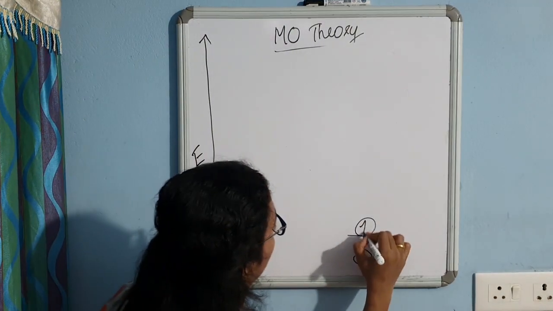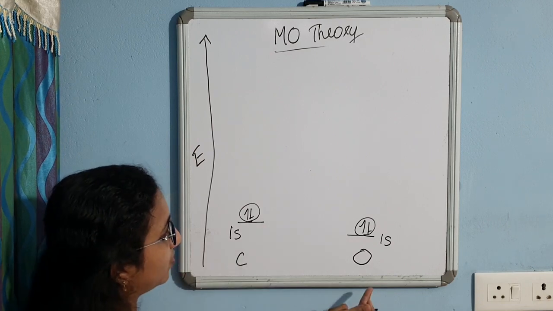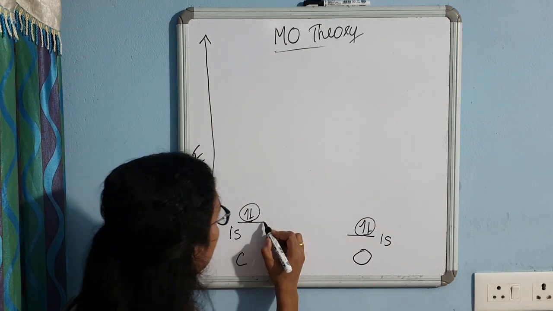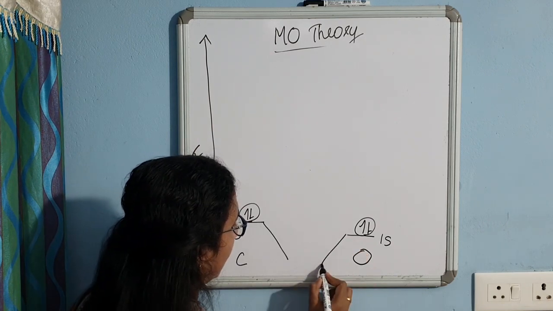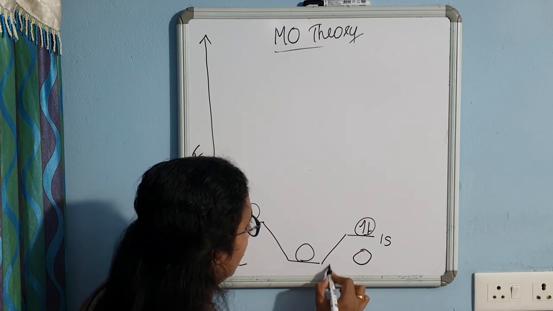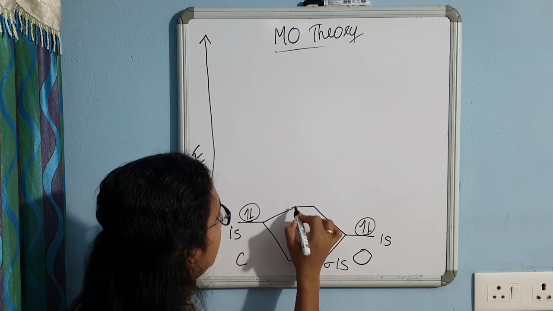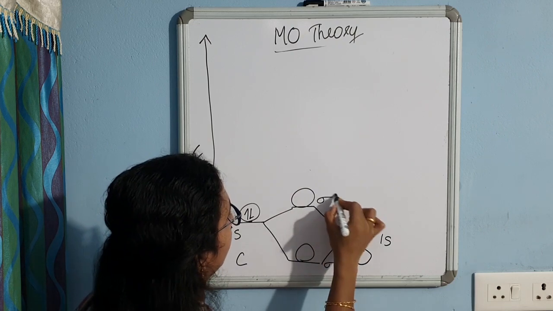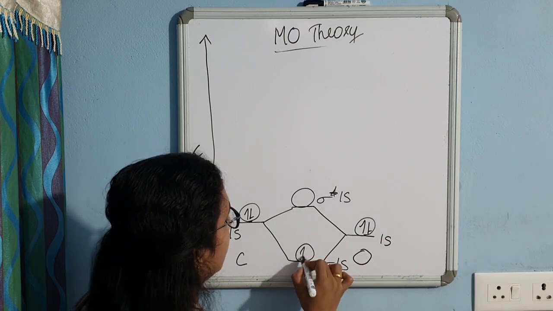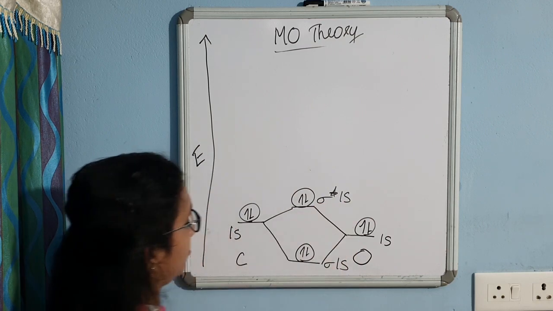And we know both 1s of carbon and oxygen contain 2 electrons. So their bonding and anti-bonding, sigma 1s2 and sigma star 1s2.